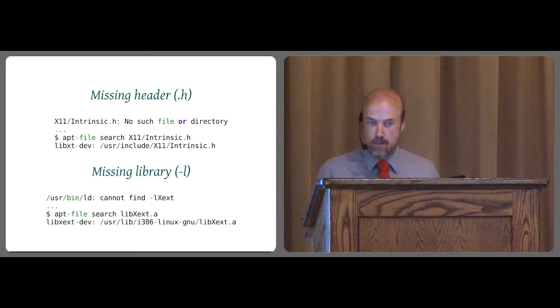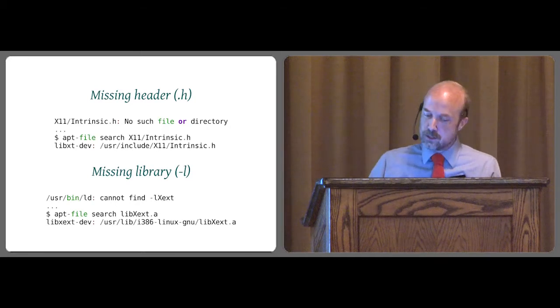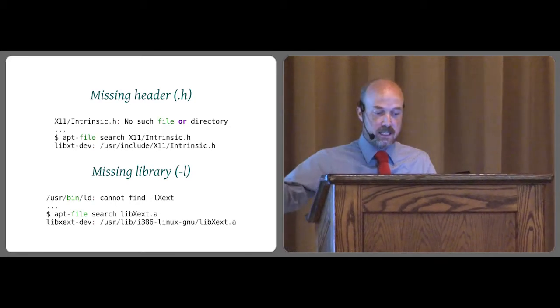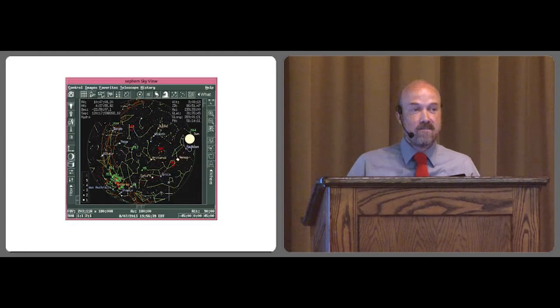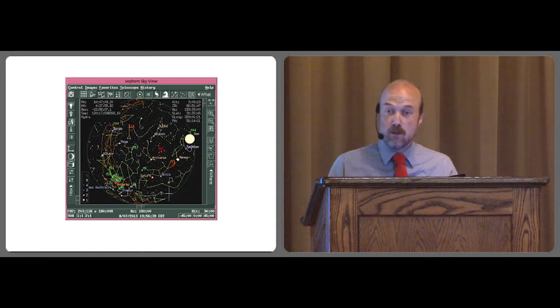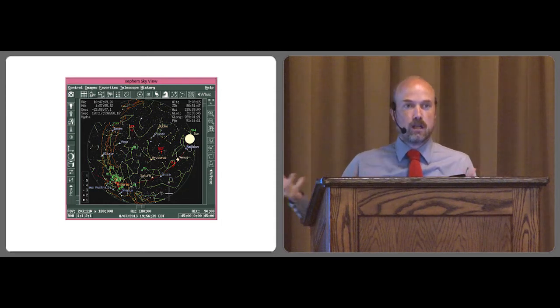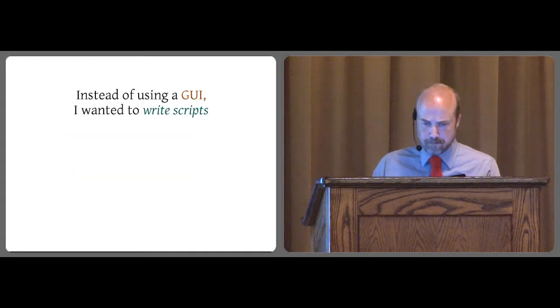If it's missing a library, if it says I can't find the library XEXT, search for libxext.a, and after about 5 or 6 installs, you'll have X Windows up and running, even though it uses Motif, this ancient library that probably didn't come installed on your Ubuntu box.